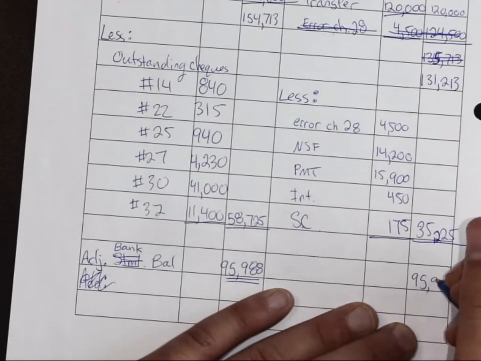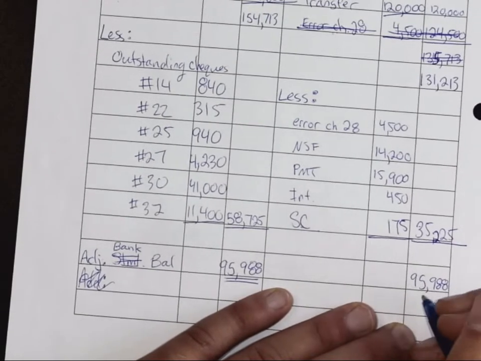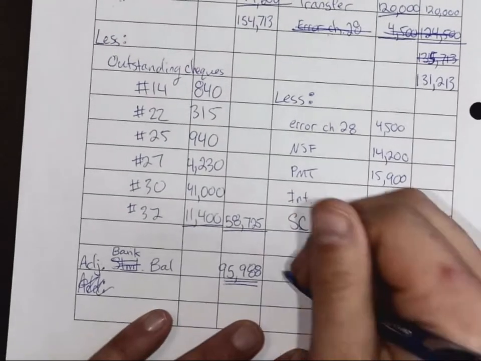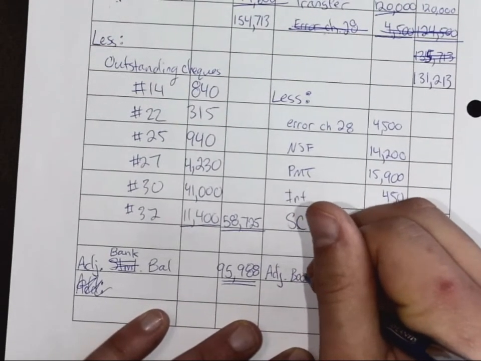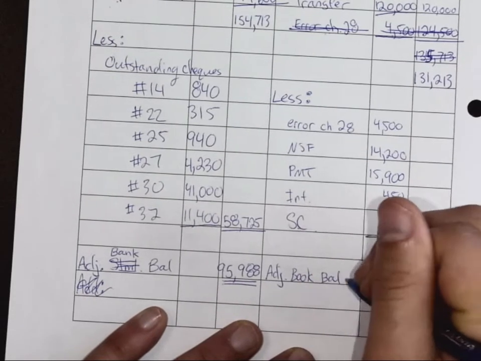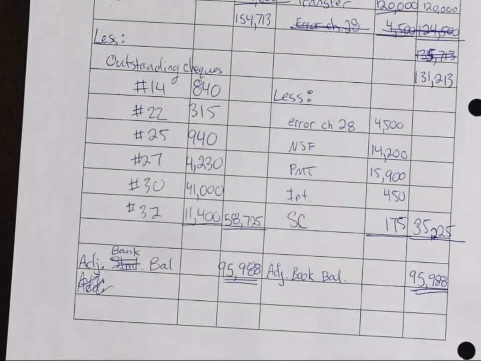Yes, sir. So we get our adjusted book balance. And you got to pat your neighbor on the back for that catch too. Give him a good pat on the back there, yeah.